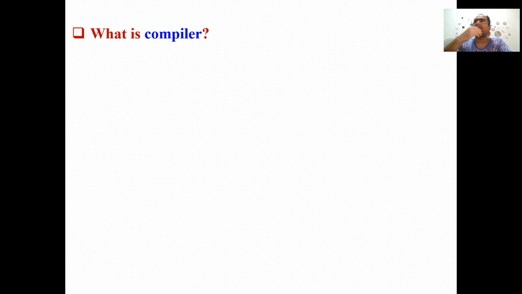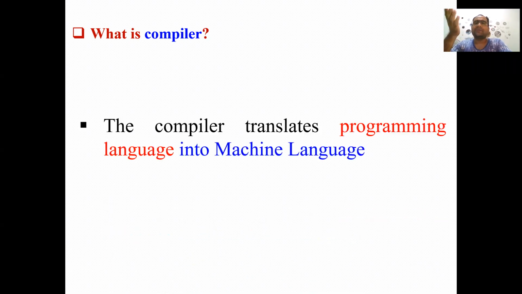Computer only understands the machine language like the 0 and 1, but the compiler translates the programming language into machine language. That's why we need to use the compiler, right? Every programming language has the compiler, and the compiler helps the computer understand.